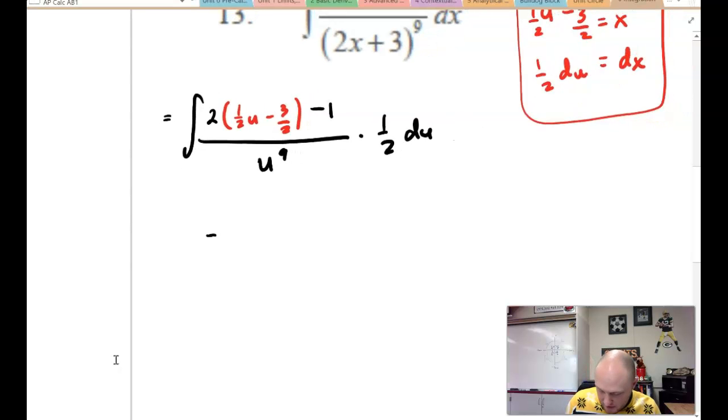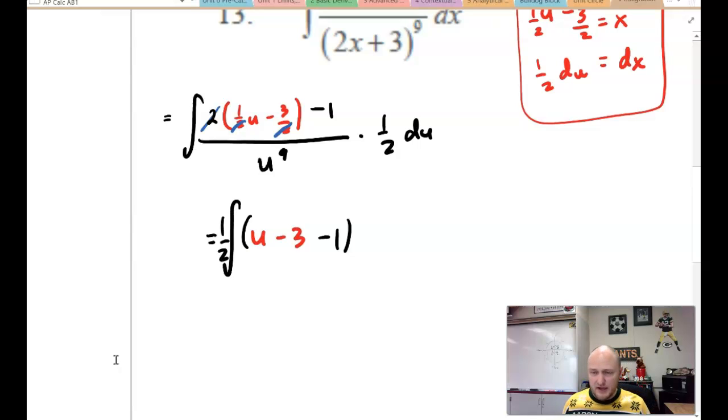Okay, so let me simplify this, clean it up, and then we'll integrate. So the 2's, when I distribute it, cancel these two 2's. I guess I could have just ignored that. All right, so we have u minus 3 minus 1 in the numerator. I have that 1/2. We can pull that out front, 1/2.